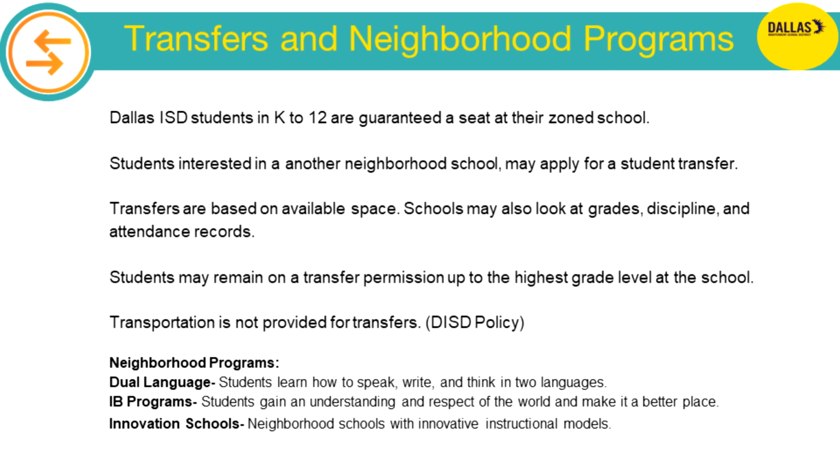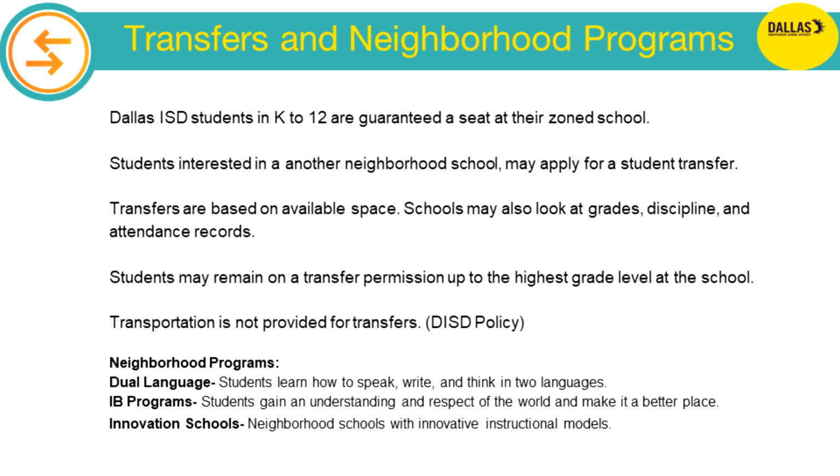Now, what are some of the great things that are already available at our neighborhood schools? We have some great schools that you're going to be hearing about, the innovation schools, which have some great innovative academic models on their campuses, or you may hear about the IB programs. The IB programs are for students who want to learn more about the world.